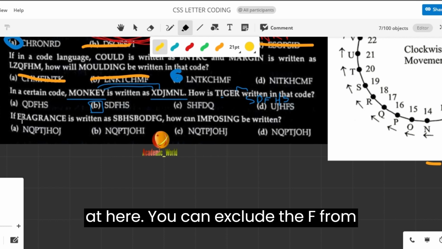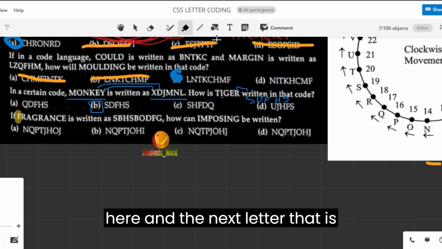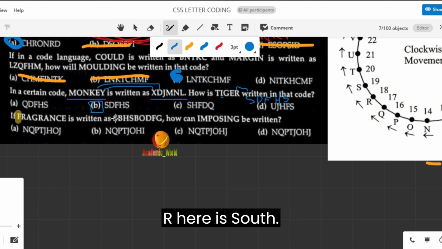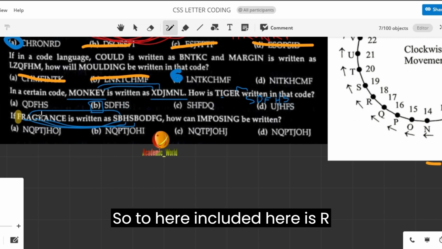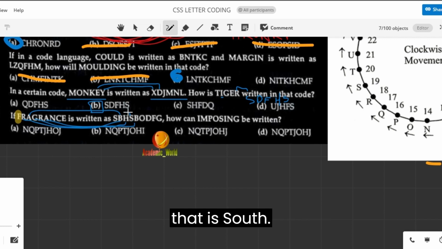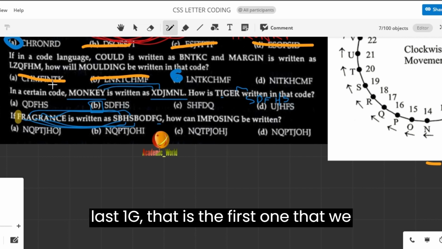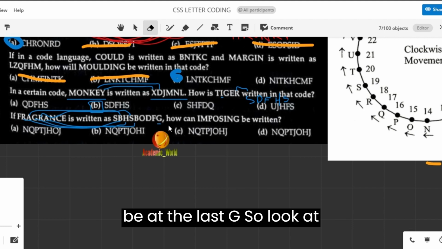Now you can exclude the F from here, and the next letter is R, here is S, R, S, A, B, G, H, and then N, O, C, D, E, F, and the last one G, that is the first one that we excluded, F. So it should be at the last, G.